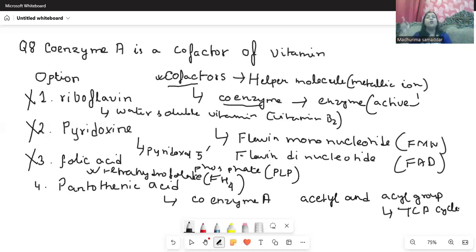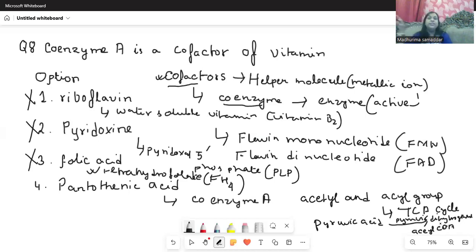The TCA cycle occurs in the mitochondria. So this pyruvic acid is actually converted into acetyl CoA, and I'm just giving an example of where coenzyme A is important, for the enzyme pyruvate dehydrogenase, forming acetyl CoA, and that will enter the TCA cycle.